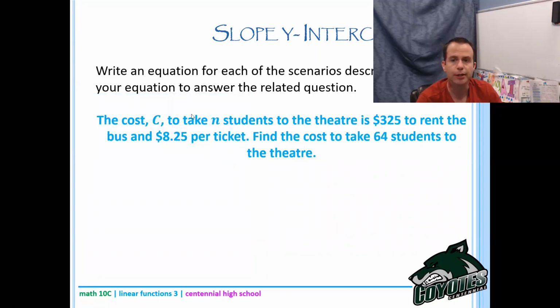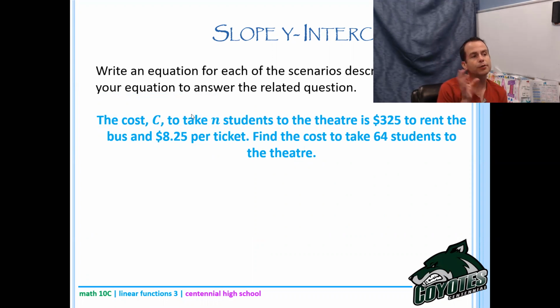Okay, write an equation for each of the scenarios described, then use your equation to answer the question. So the cost C to take n students to the theater is $3.25 to rent the bus and $8.25 per ticket. Find the slope, find the cost to take 64 students.